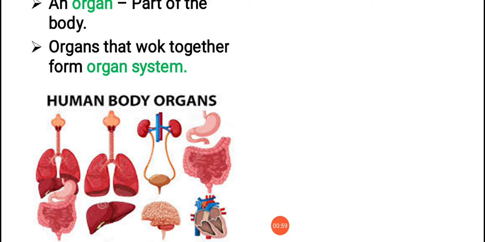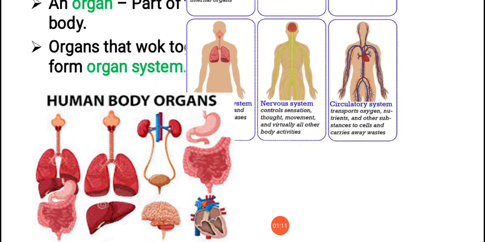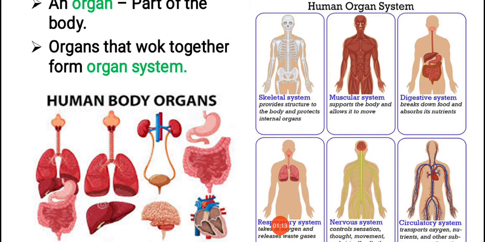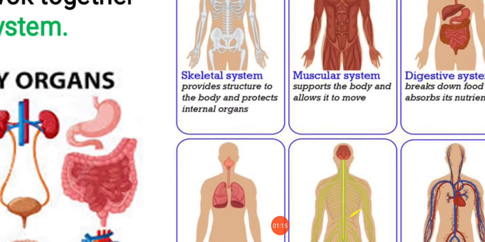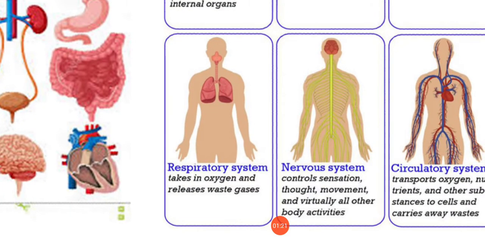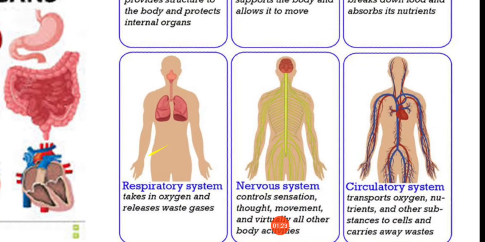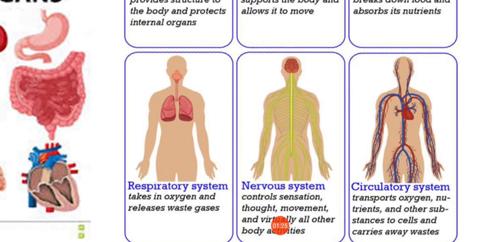Organs that work together form what is known as an organ system. There are many organ systems in our body. They are the skeletal system, muscular system, digestive system, respiratory system, nervous system and circulatory system.